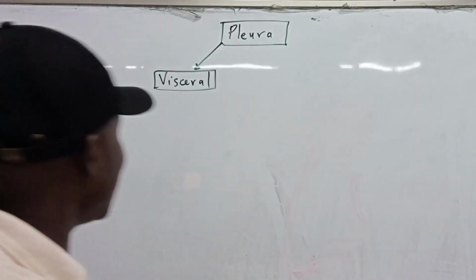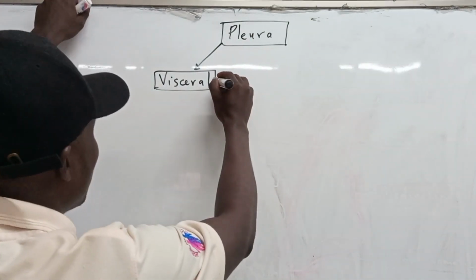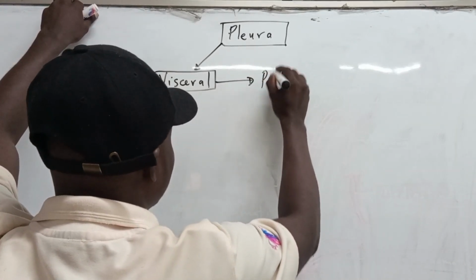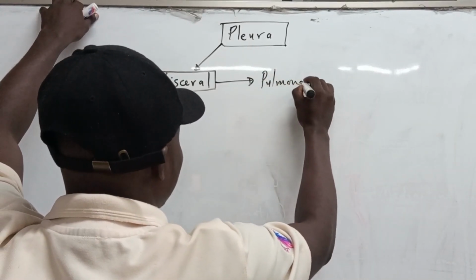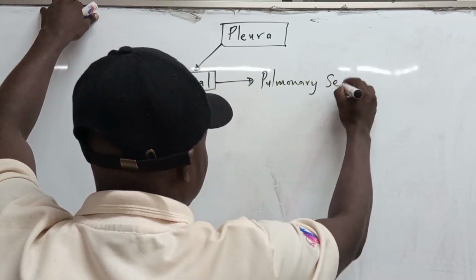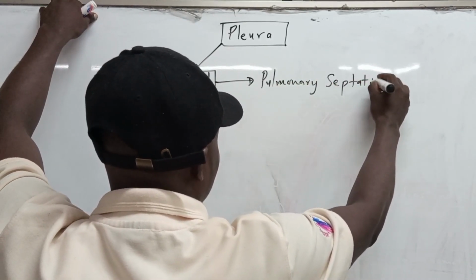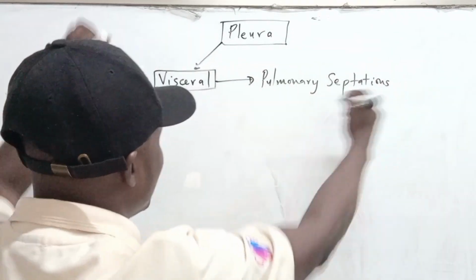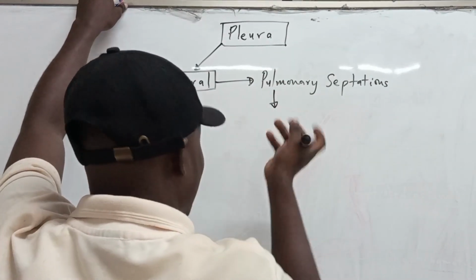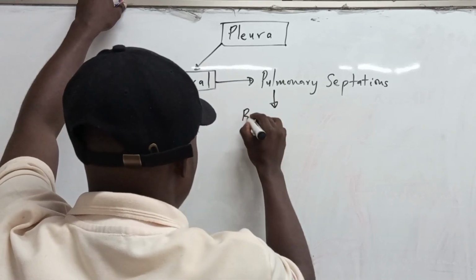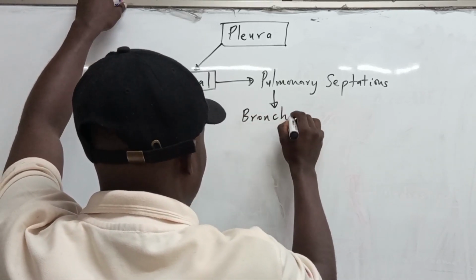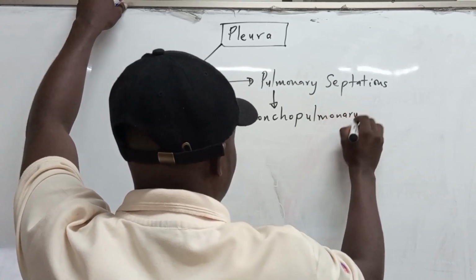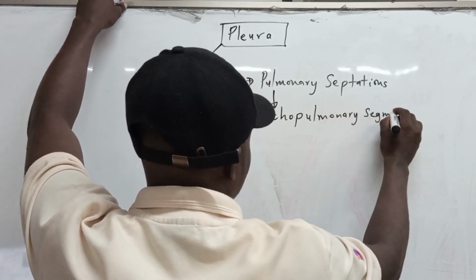So what I'm trying to say is that this visceral pleura goes on to give what we call pulmonary septations. These pulmonary septations divide the lung so that we get something called bronchopulmonary segments.